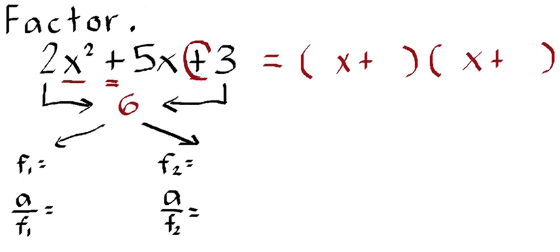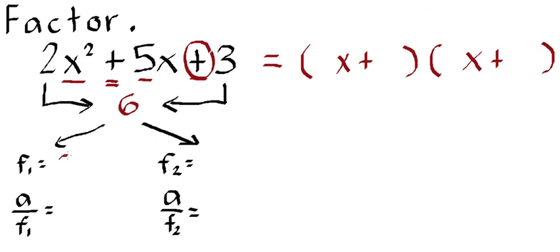whose sum is 5. Sa Tagalog, maghahanap tayo ng factors ng 6 na kapag pinag-add mo, ang sagot ay 5. Correct. 3 and 2. Because 3 times 2 is 6 and 3 plus 2 is 5.